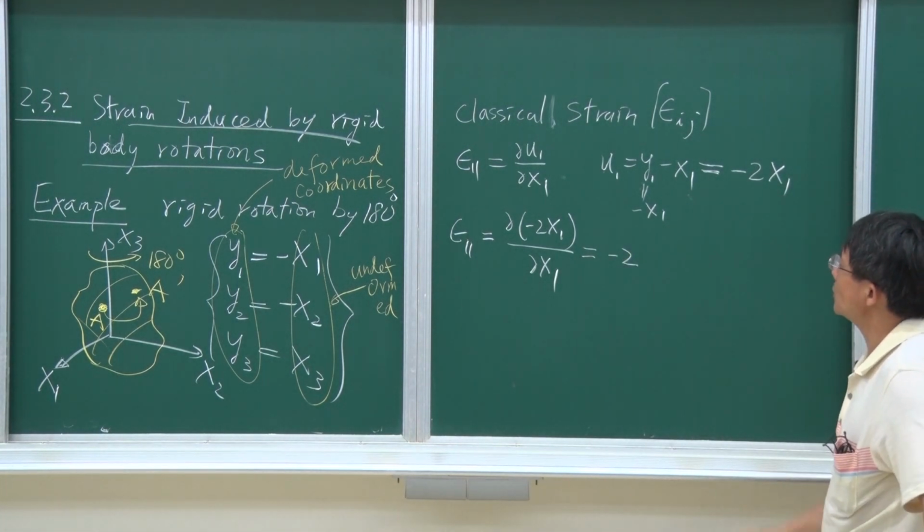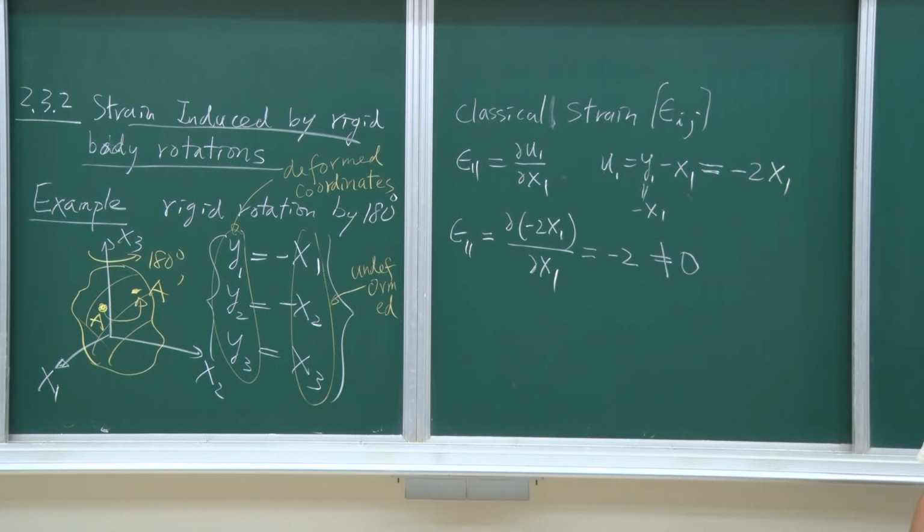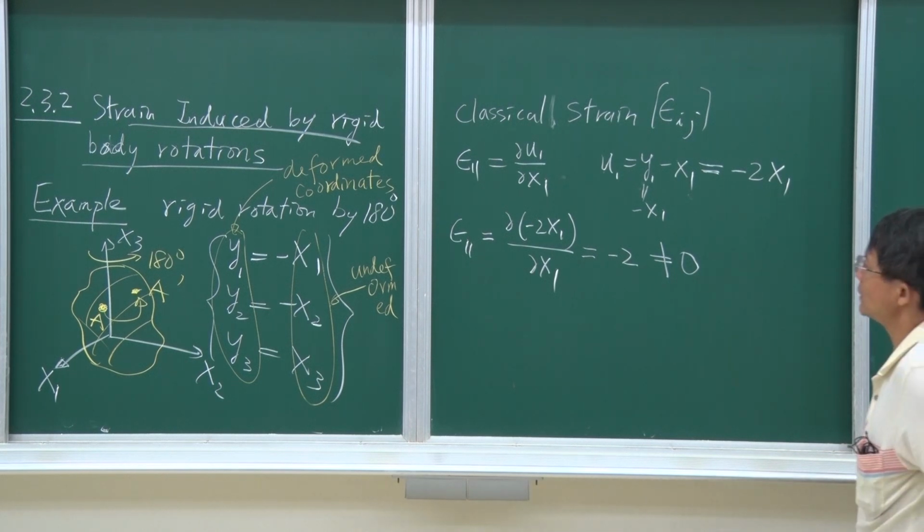But as you know, it tells us that epsilon 1,1 does not equal 0. It means that we still have strain.